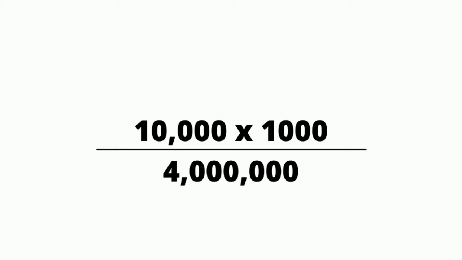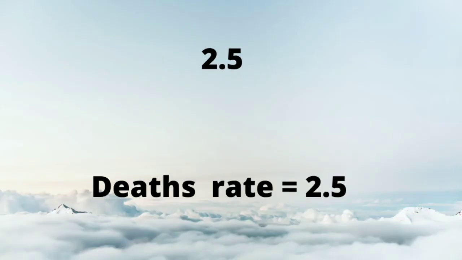You can actually count the zeros at the bottom, and we have 6 zeros at the bottom, so we can cancel 6 from the bottom and 6 from the top. We would be left with 10 at the top and 4 at the bottom. So it is 10 divided by 4, and that will give you 2.5.